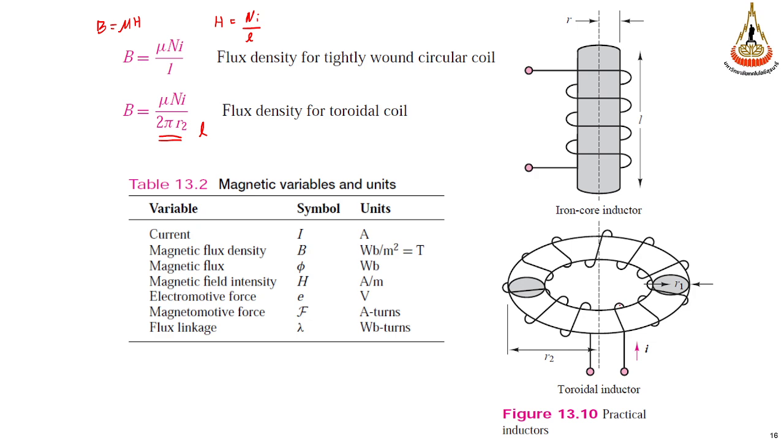So in conclusion, the magnetic variables and units can be shown in this table, right? We have current I, magnetic flux density B, and magnetic flux phi.